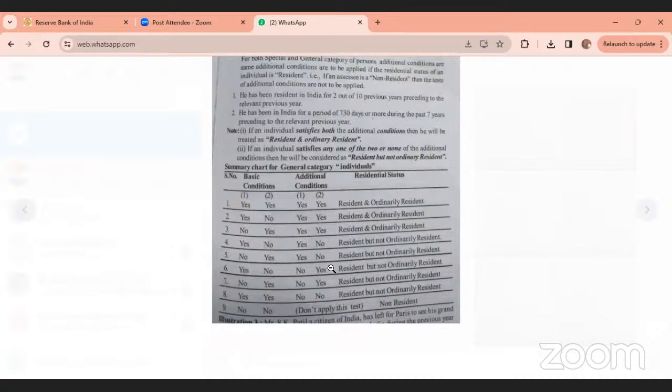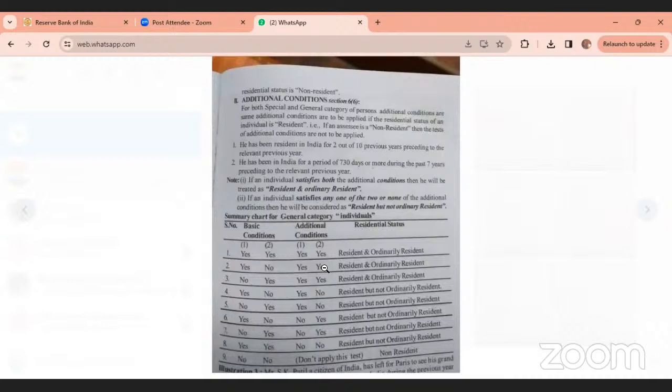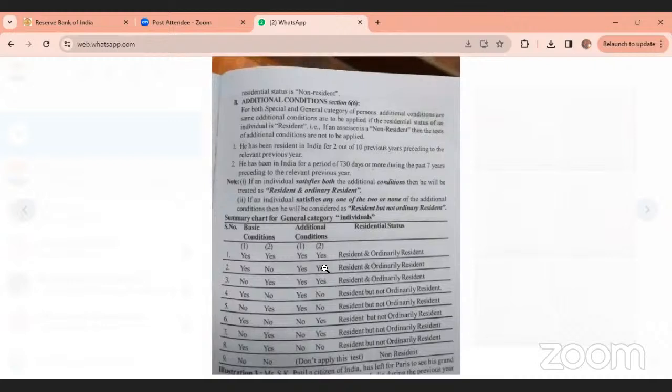Okay. See, when you find out the residential status of any assessee, first see whether the basic conditions are satisfied or not, and again see the additional conditions also.